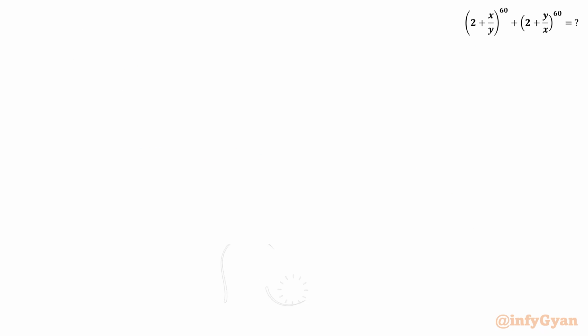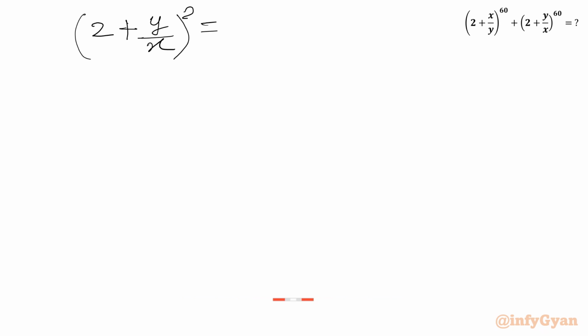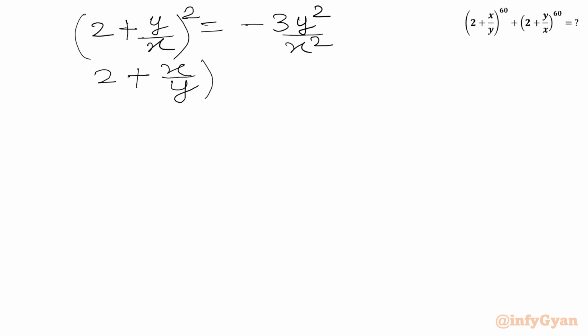Let me write here our conclusions. (2 + y/x)^2 is equal to minus 3y^2 over x^2, and (2 + x/y)^2 will be equal to minus 3 times x^2 over y^2.